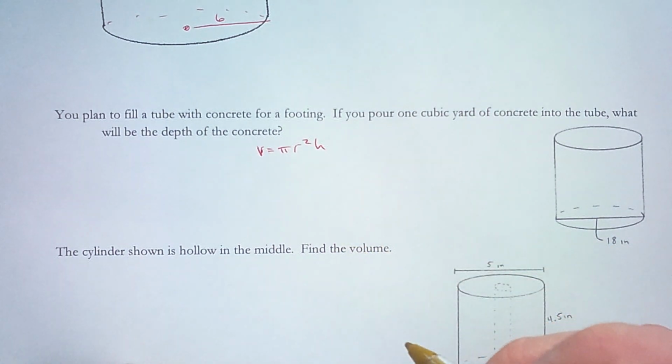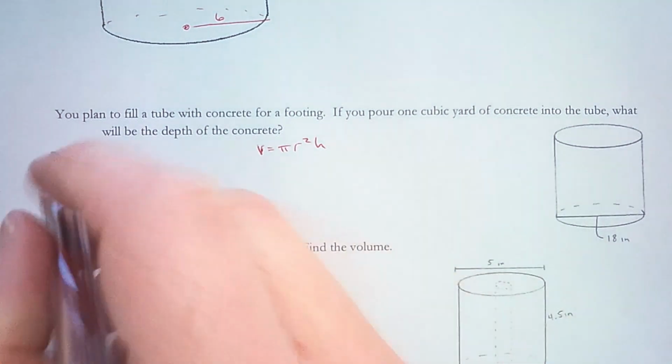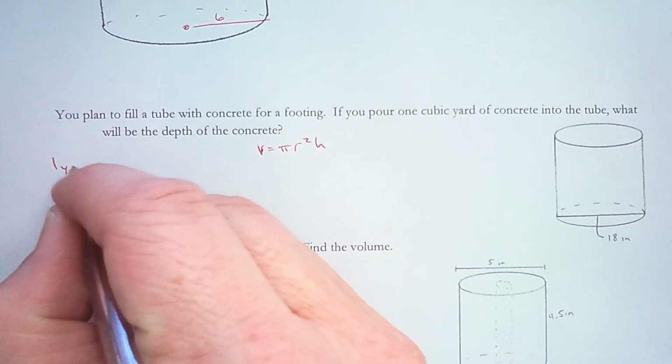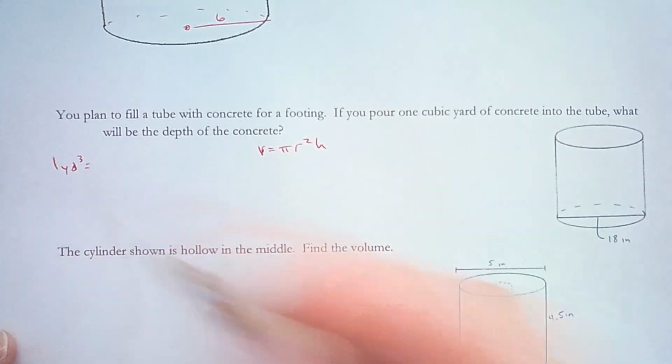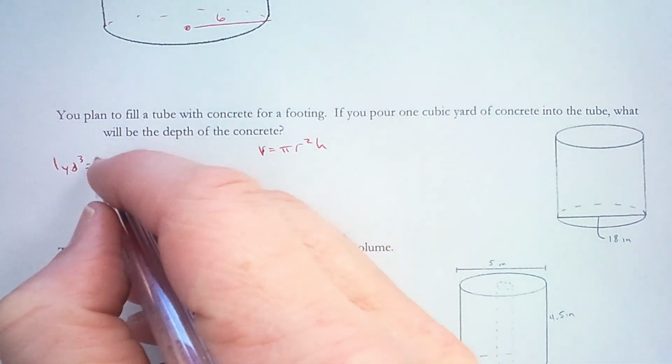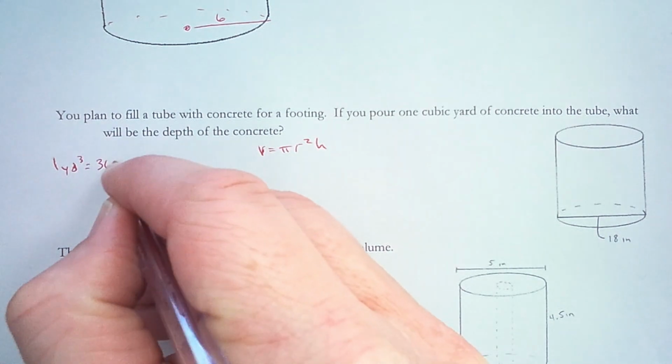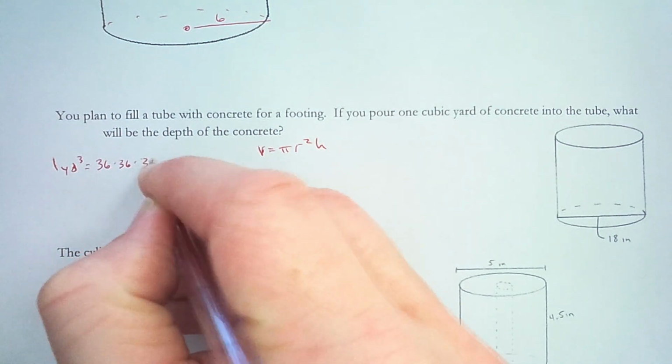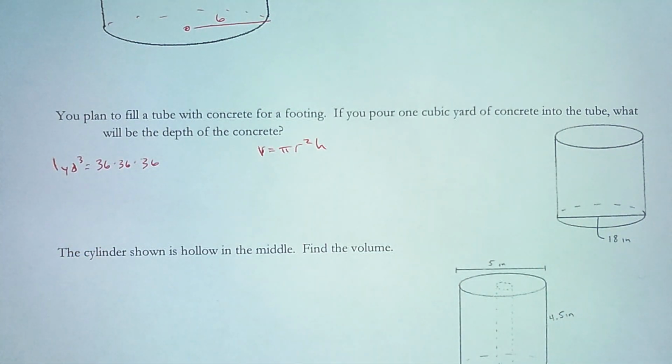So I need to take that cubic yard and convert it into cubic inches. So 1 cubic yard is 3 feet by 3 feet by 3 feet. Because a foot is 12 inches, a yard is 36 inches. So a cubic yard is 36 inches by 36 inches by 36 inches.